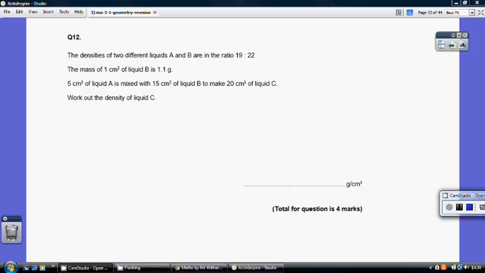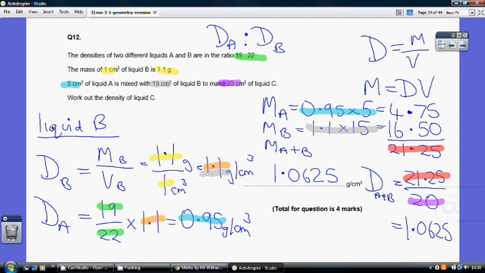Question 12. So looking at liquid B first of all, density of B is the mass of B over the volume of B, and I'm told that the mass of B is 1.1 gram for 1 centimetre cubed volume. So my density of B is 1.1 divided by 1, which is obviously 1.1.